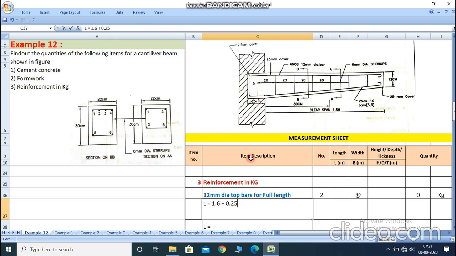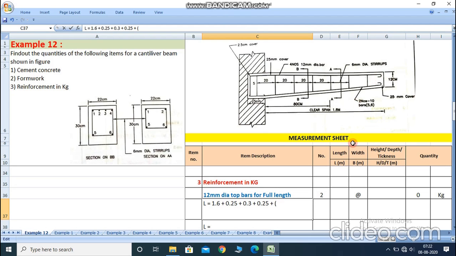Then here 30 centimeters, this value is the height of the beam, so plus 0.3, plus 25 centimeters, this portion fixed in the wall, so we write 0.25, plus a hook is provided at both sides, starting point and end point.